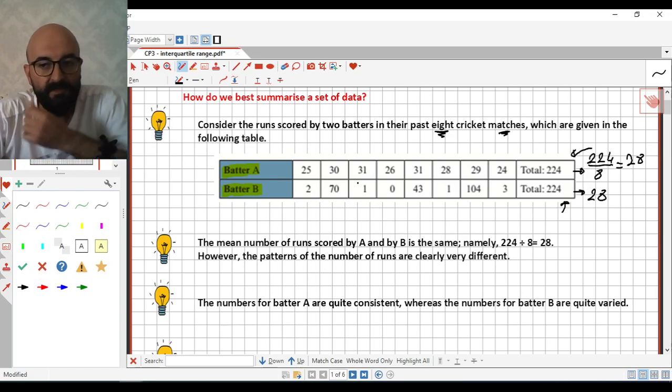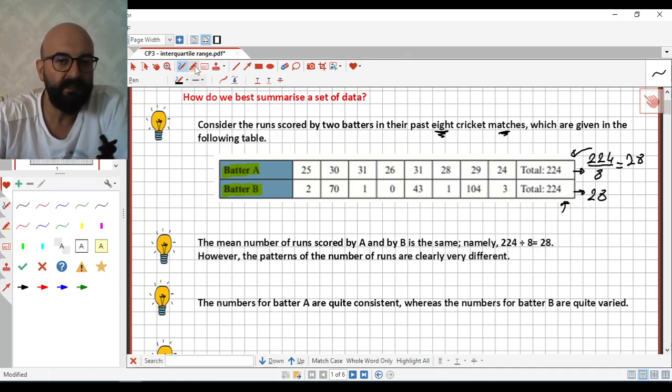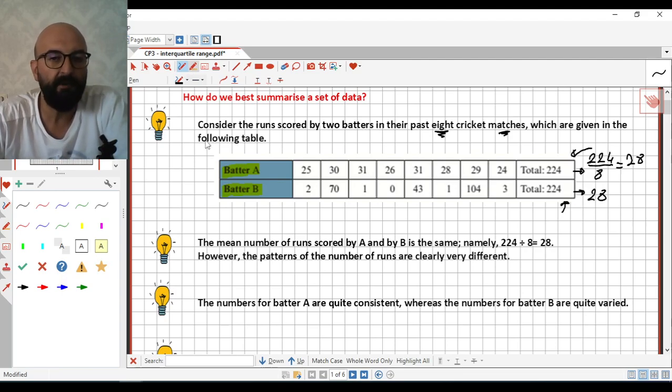But sometimes the means or averages are the same, but the scores are spread differently. Now we will think about this situation when the means are the same.